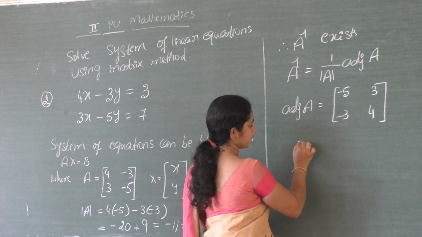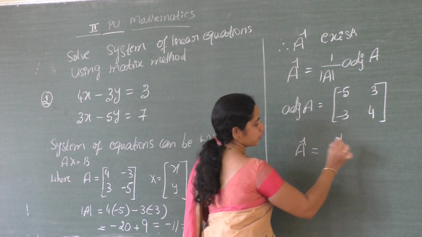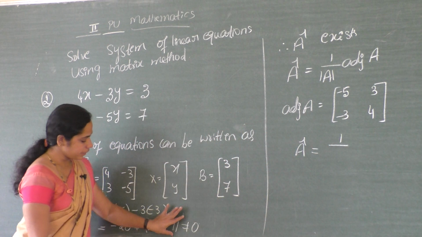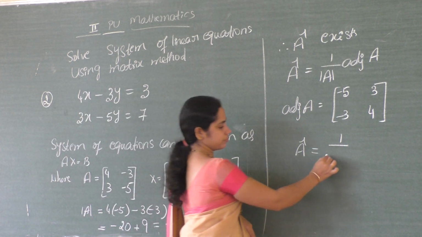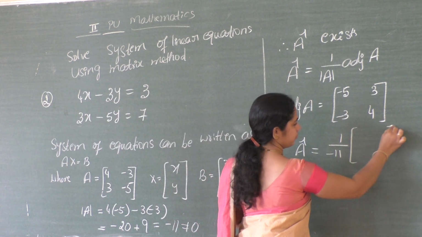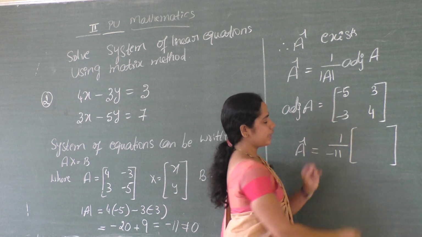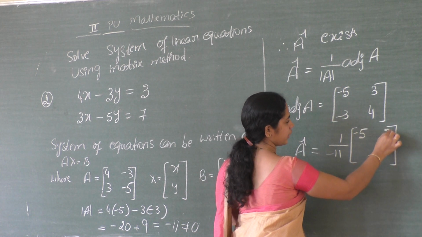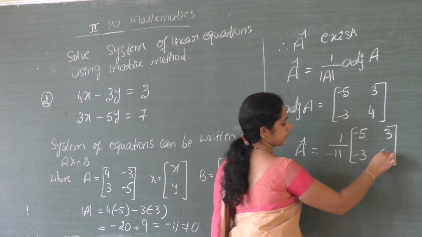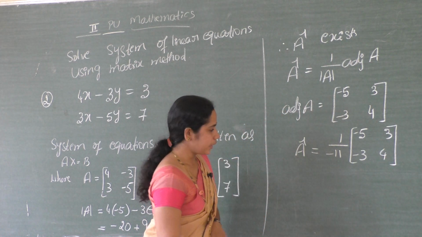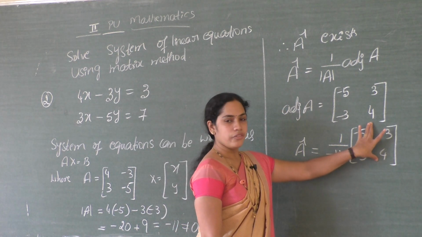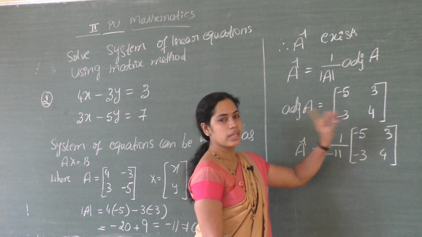What is A inverse now? A inverse equals 1 by determinant of A, which is -11, into adjoint of A: -5, 3, -3, 4. Now we have to solve for x.